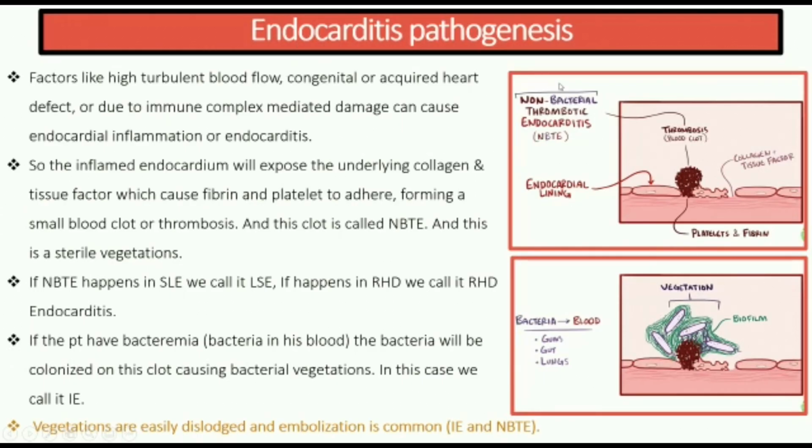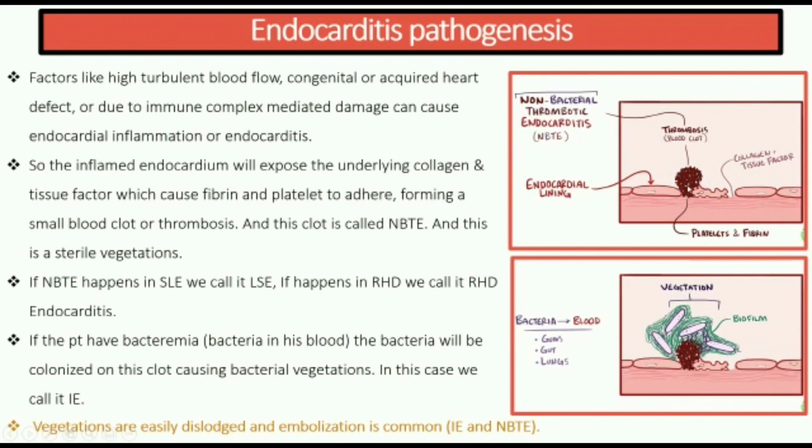For the pathogenesis of endocarditis, the patient will have risk factors like high blood turbulence, congenital or acquired heart diseases, or immune complex mediated damage, as we said before, that will cause endocardial inflammation and damage, and this will expose the underlying collagen and tissue factor to the blood, causing aggregation of platelets and fibrin, making a sterile vegetation.